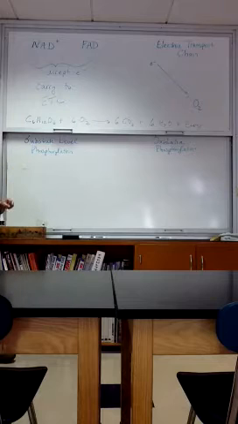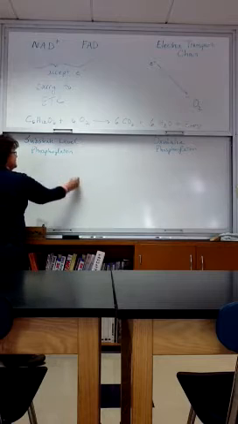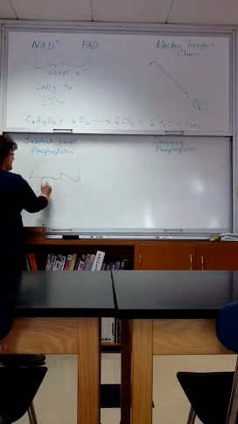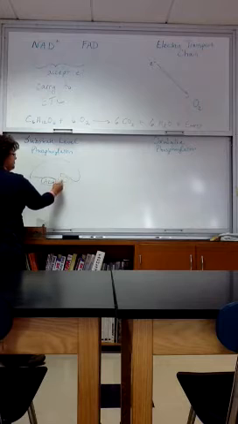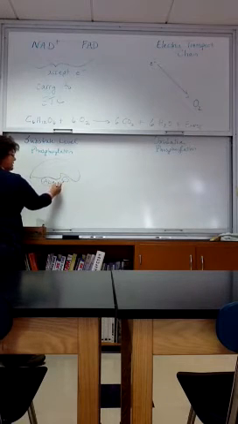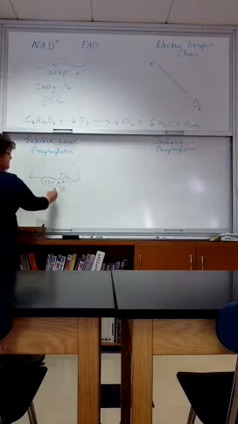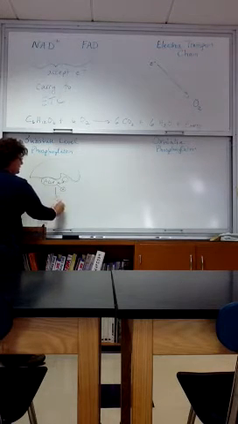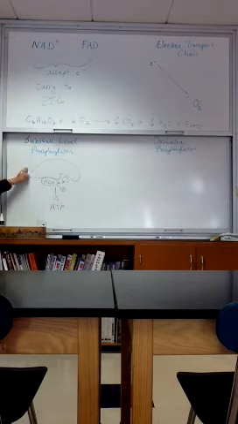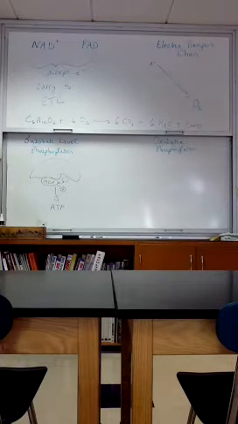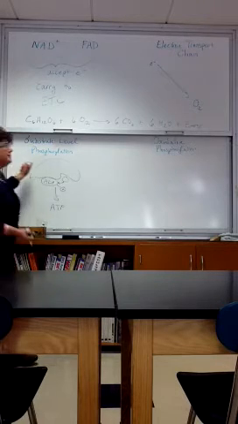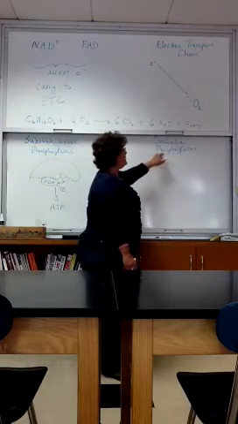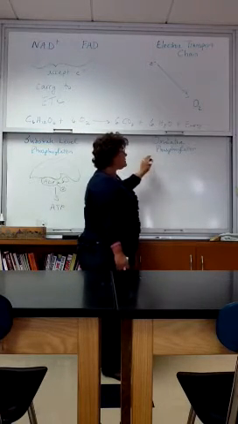Substrate level phosphorylation you learned about during the last chapter, where an enzyme is able to bind ADP and add the last phosphate group and phosphorylate ADP so that ADP plus phosphate become ATP. So this is called substrate level phosphorylation. And it does not produce as much ATP as the other method of producing ATP, which is called oxidative phosphorylation.